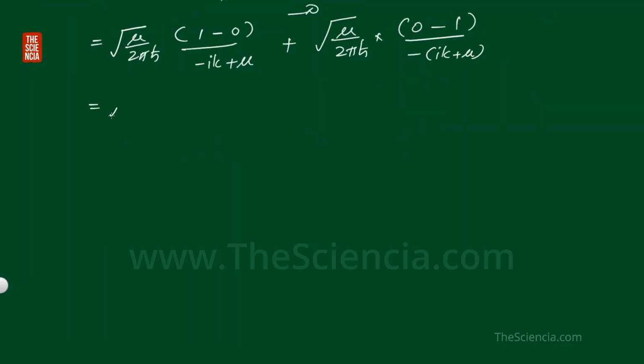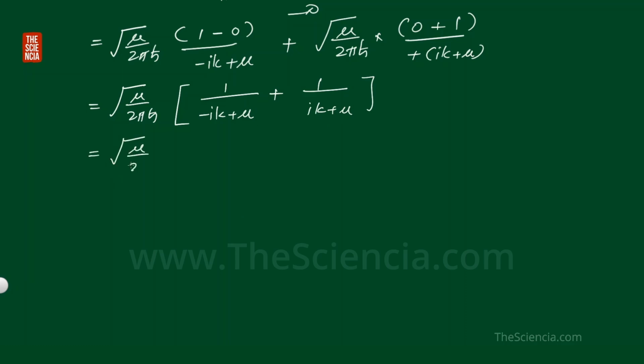That is equal to root mu by 2 pi h cross into 1 by minus ik plus mu, and here minus and minus cancel, so plus 1 by ik plus mu.